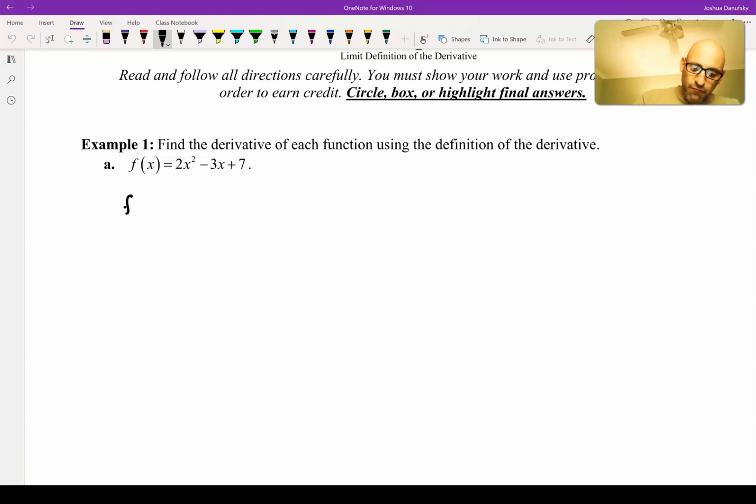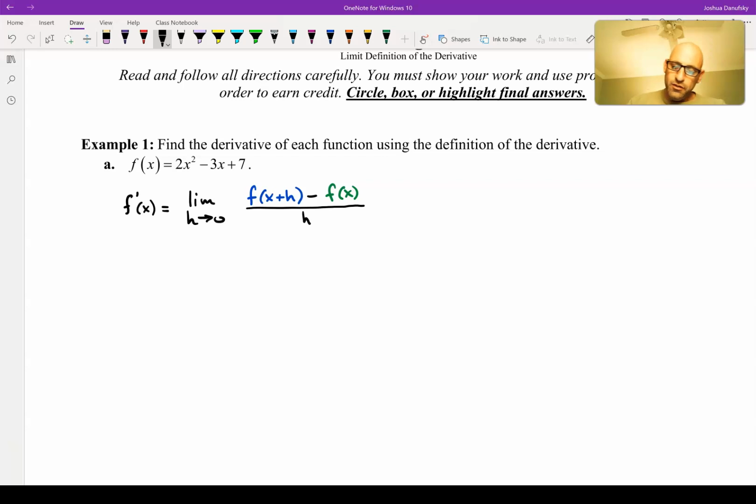We're going to use f prime of x equaling the limit as h approaches 0 of f of x plus h minus f of x all over h.